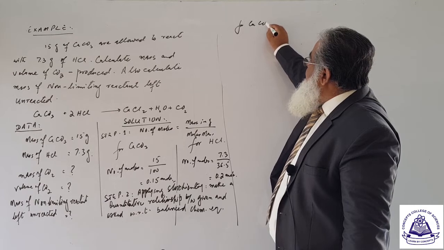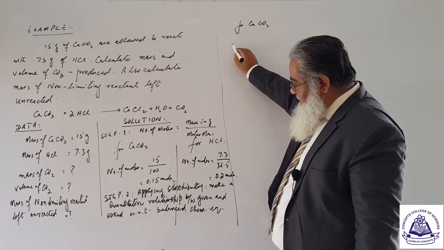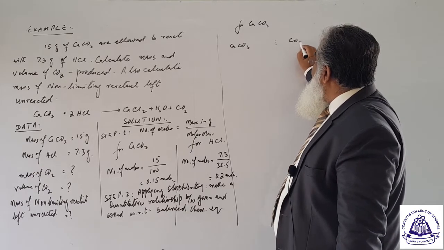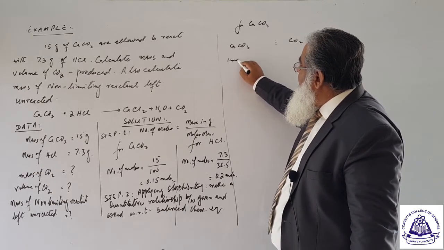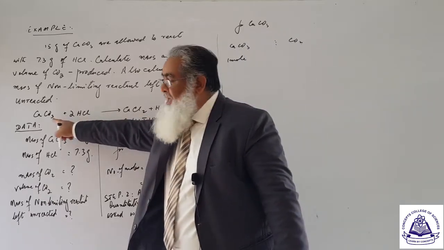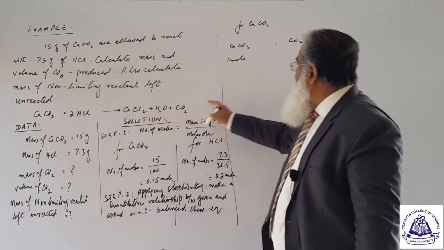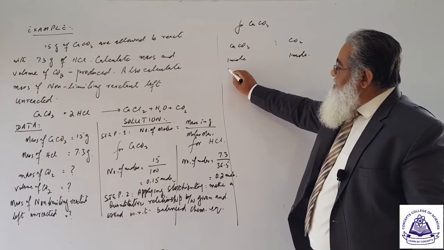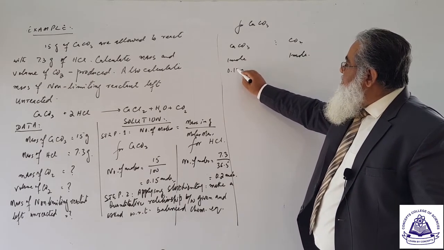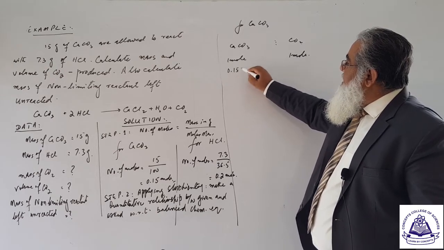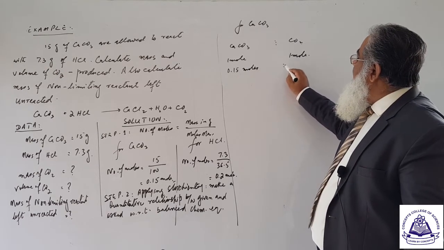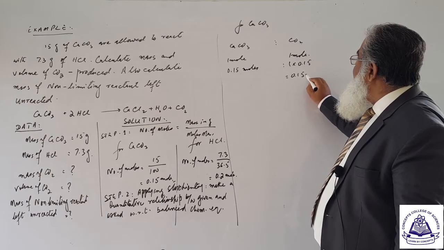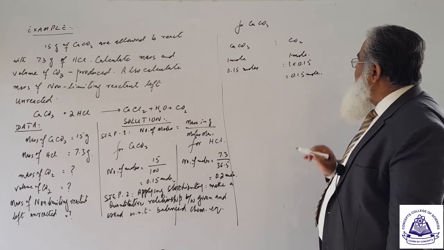For calcium carbonate, with respect to the balanced chemical equation, we can see 1 mole of calcium carbonate is producing 1 mole of carbon dioxide, and hence 0.15 moles will produce carbon dioxide, 1 into 0.15, 0.15 moles.